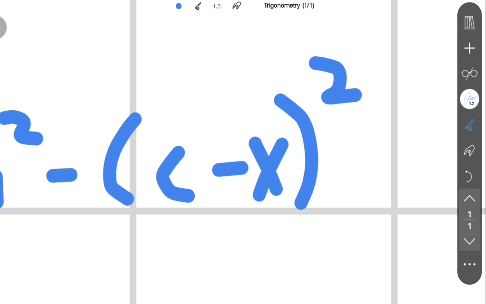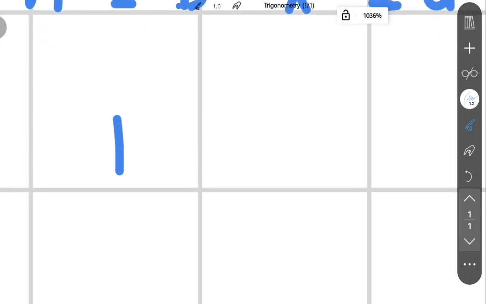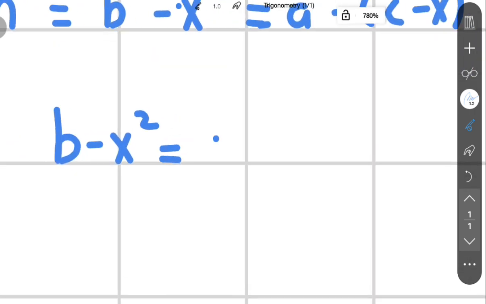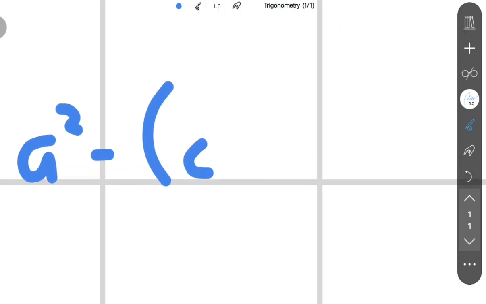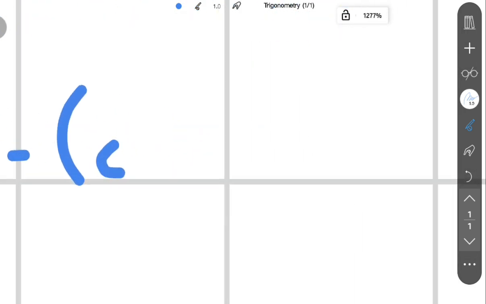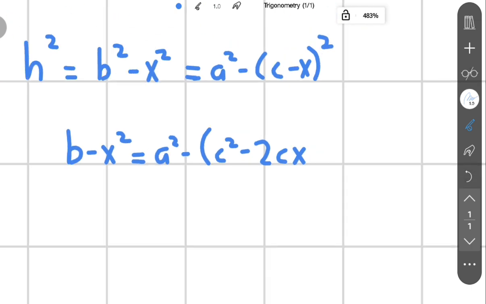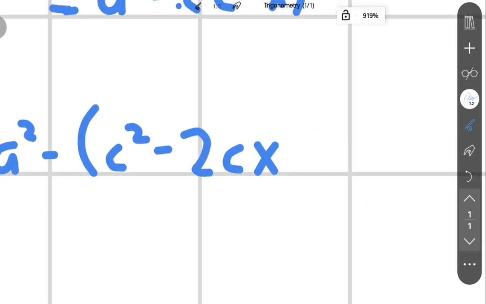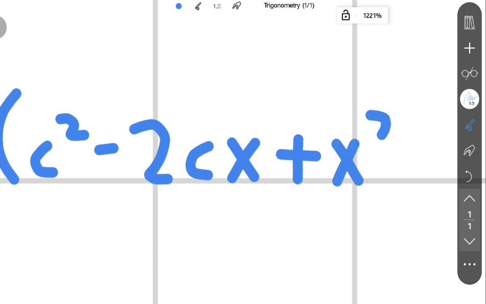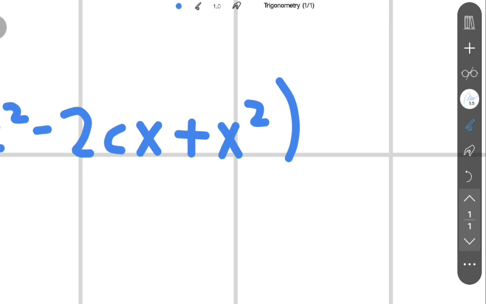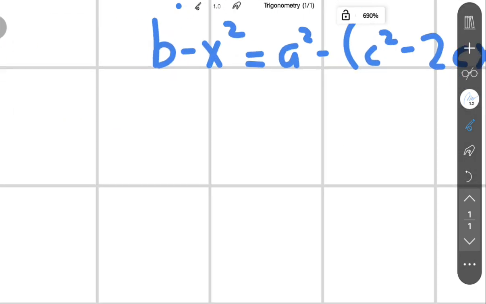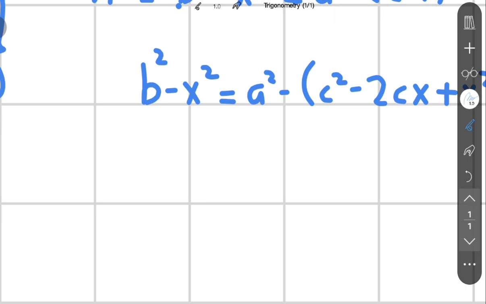Let's expand this. I'll be left with b squared minus x squared equals a squared minus, and we'll open the bracket here, c squared minus 2cx plus x squared. Let's close the bracket, and I forgot the squared on the b here.